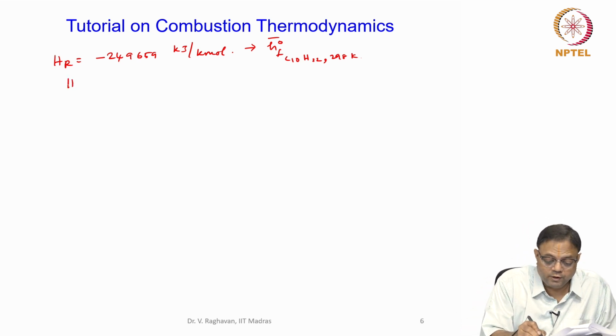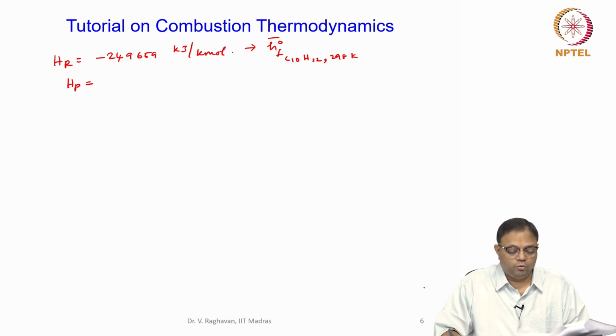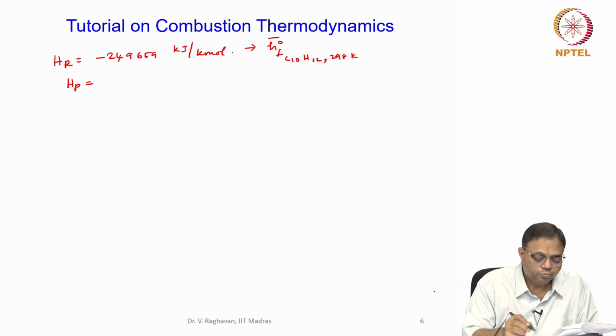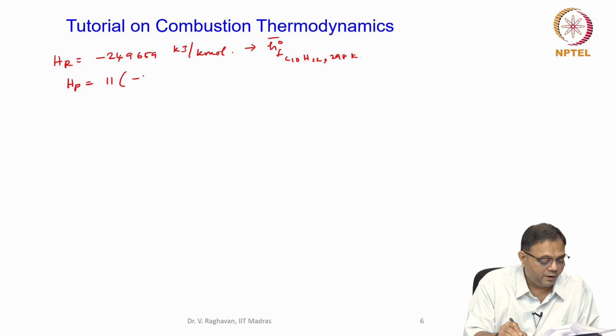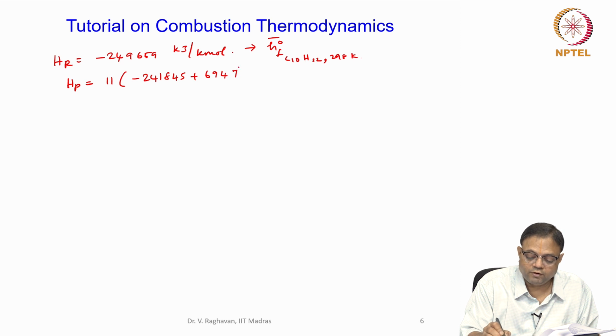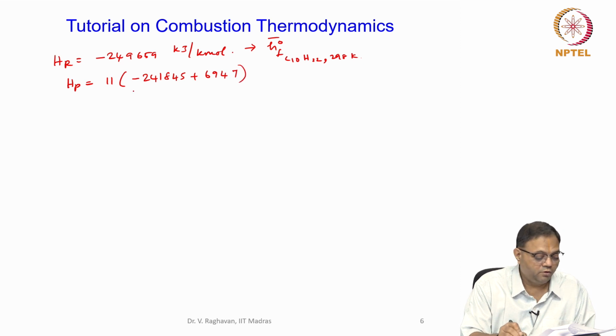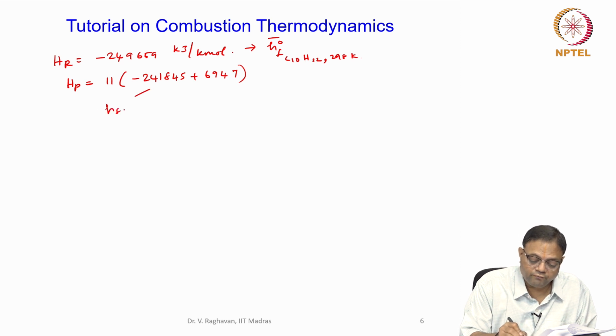Now what is HP? HP will be equal to 11 times minus 241845 plus 6947. This is the standard enthalpy of water vapor. So this is HF of H2O and this is delta H of H2O at 500 Kelvin.